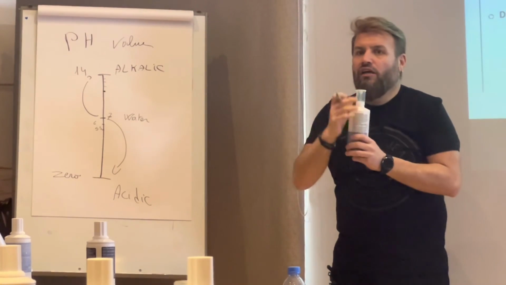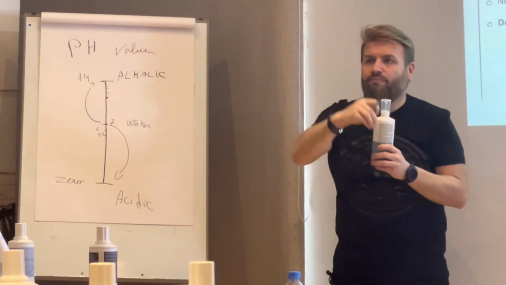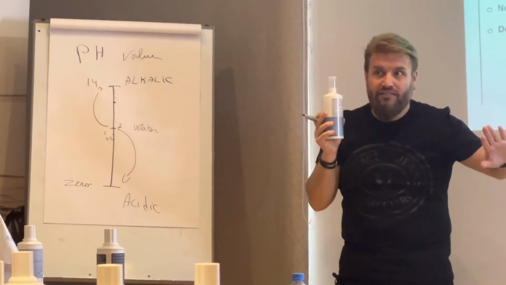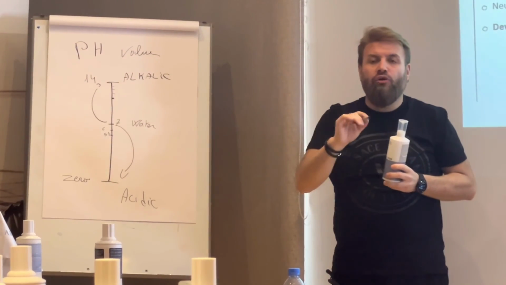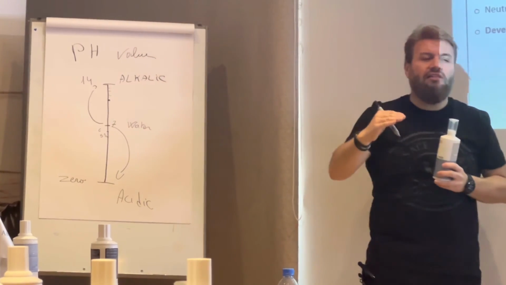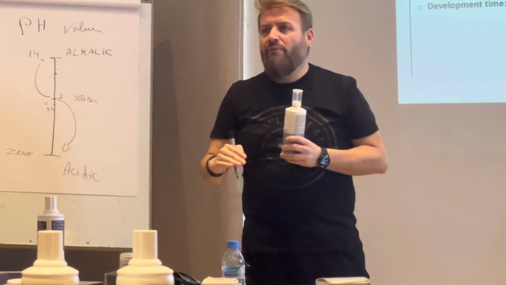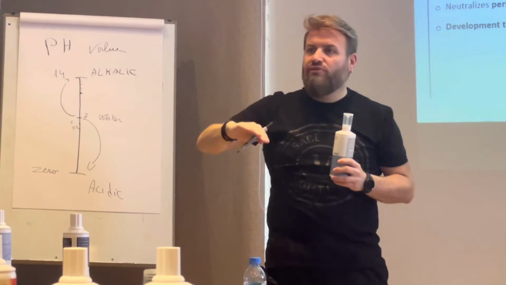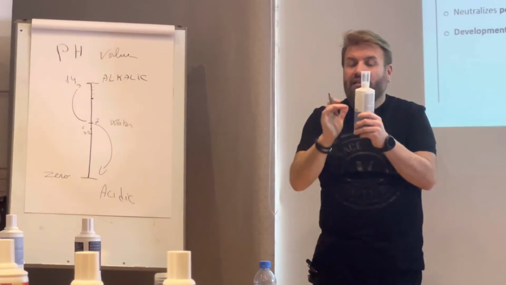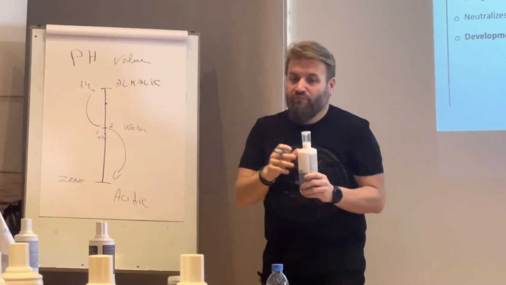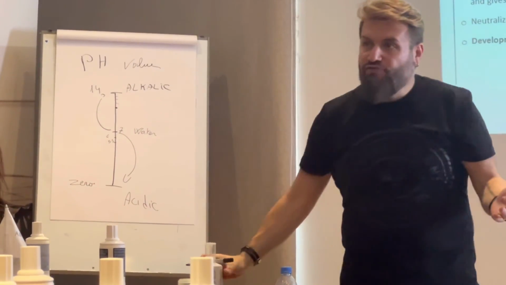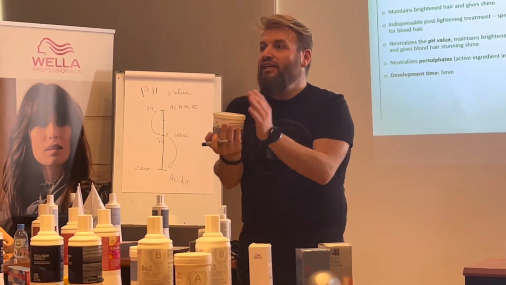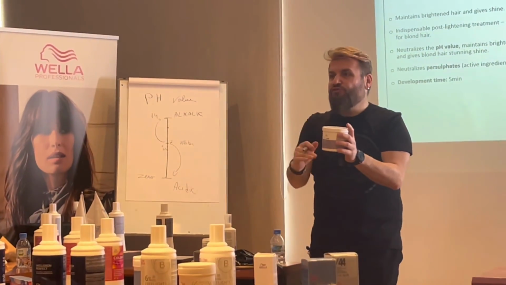So if you use longer with Plex or without Plex, I'm talking about Wella Plex, not the other brands, you will not face this issue that you will get slow performance, that if you are using 9%, you will get like using 6%. No, because the pH here is 9. So in this case, you will achieve the blonde, and when you finish, you should use the number 2. And here in the number 2, the pH is 4.